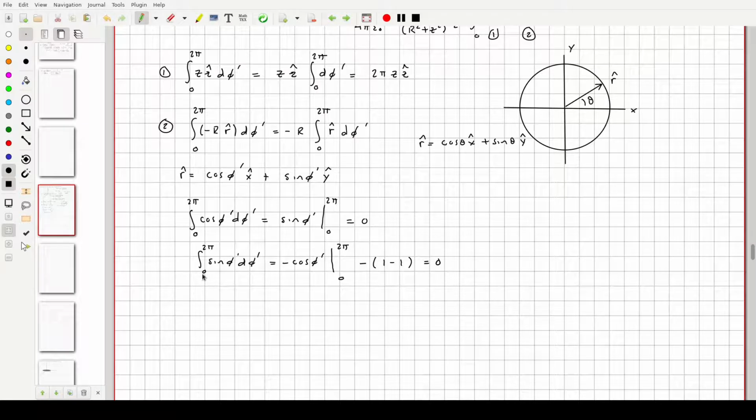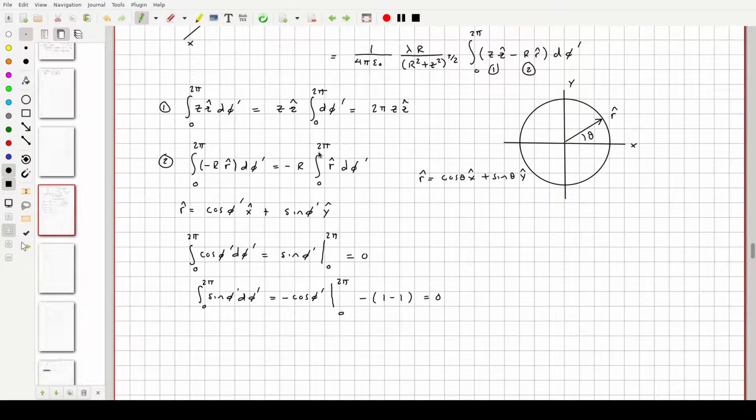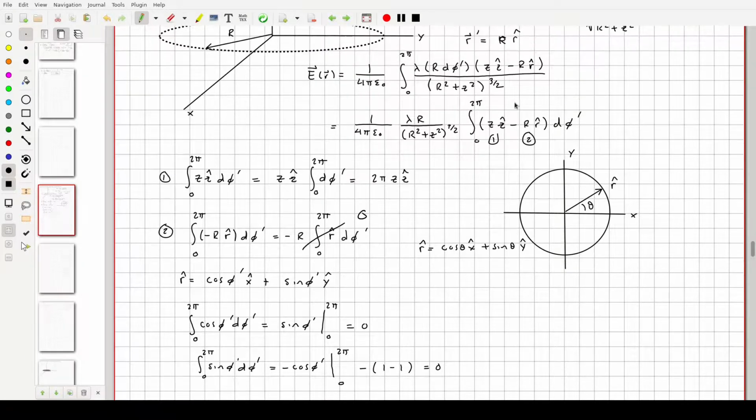So in both cases, you get 0 here. Okay? So what that means is when you integrate in polar coordinates, the r hat unit vector from 0 to 2 pi, this is 0. Which means at the end of the day, the only bit of integral here that matters is this one right here, and that one is 2 pi z hat, right?